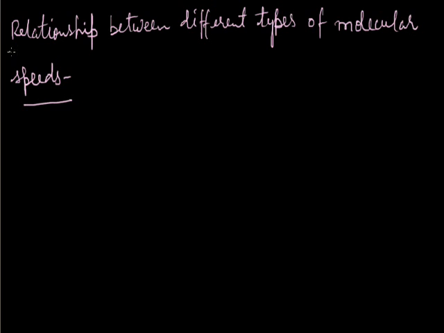Now, relationship between different types of molecular speeds. The three different kinds of molecular speeds are related to each other as follows.